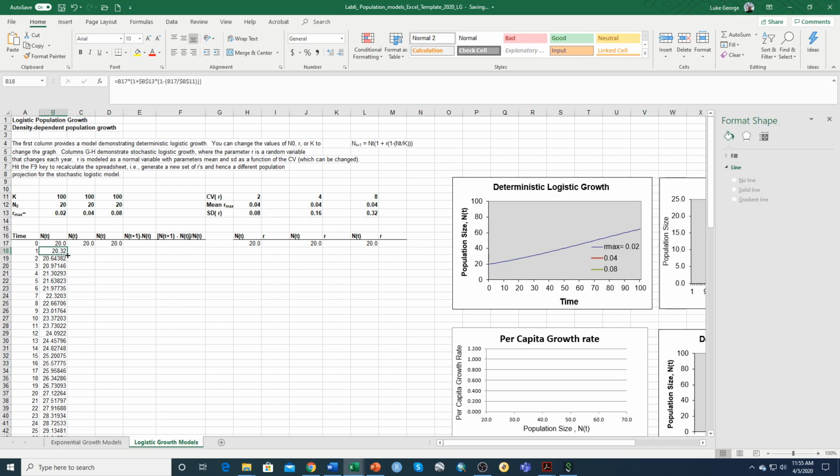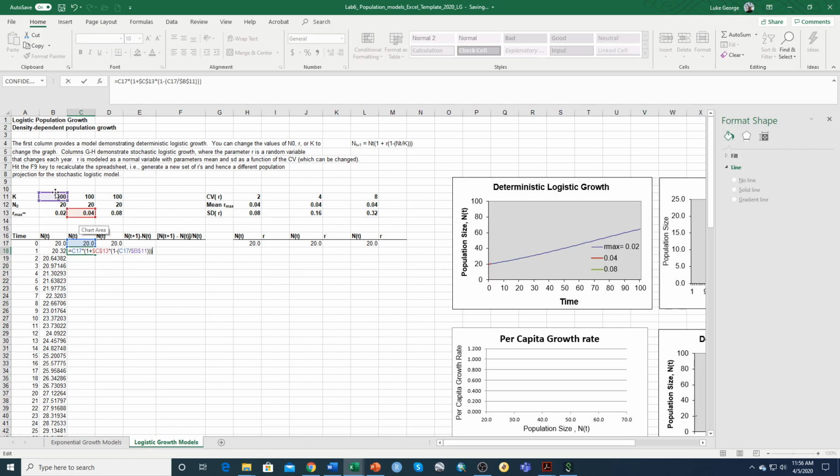Just hit escape. Now to do this for a value of little r of 0.04, I'm just going to copy this one cell over. Then I'm going to make some changes to make sure that it's using the right values. So now we want to use a little r of 0.04, which is in C13.